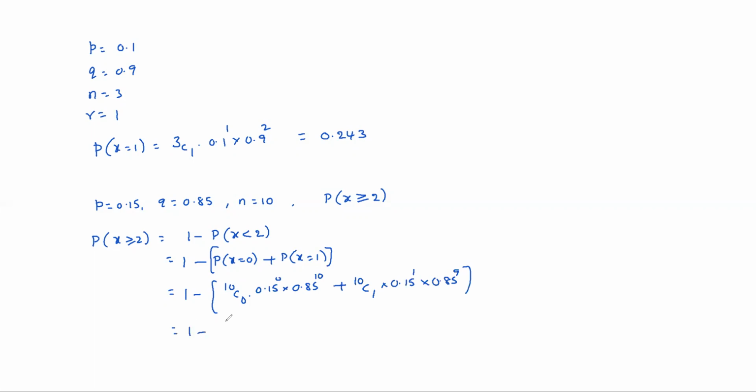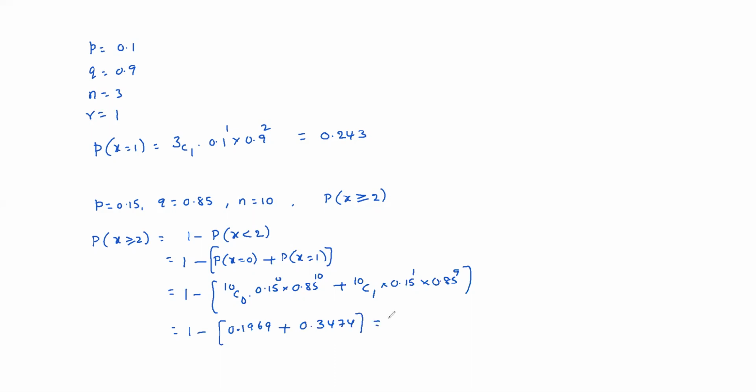That equals 1 minus, how much is it? 0.85 to the power of 10 is 0.1969, plus 10 into 0.15 into 0.85 to the power of 9, 0.3474.